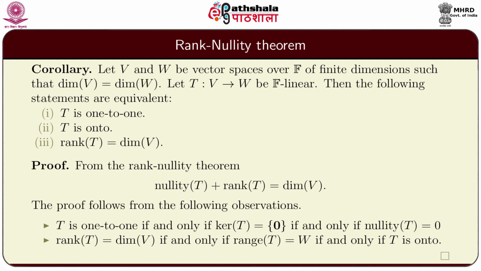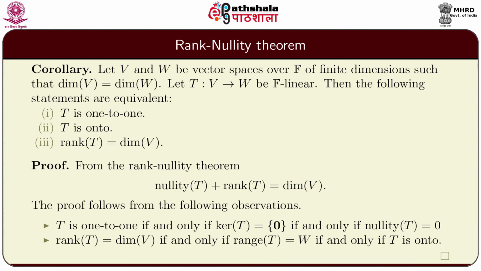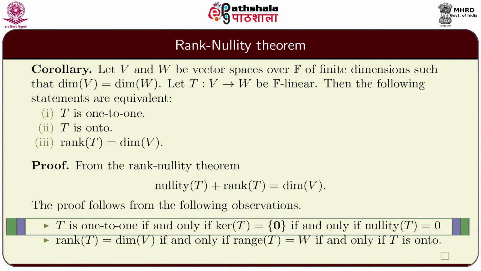Well, the proof is a straightforward application of the rank-nullity theorem, which says that the nullity of T plus the rank of T is equal to the dimension of V, and the proof follows from the following observations. T is 1 to 1 if and only if the kernel of T is trivial, if and only if the nullity of T is 0.